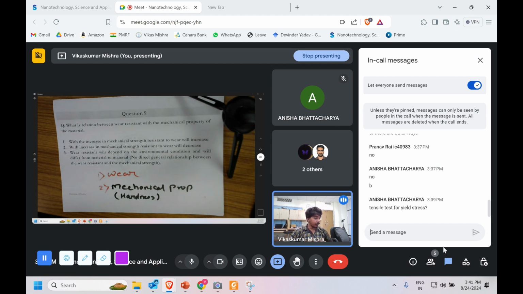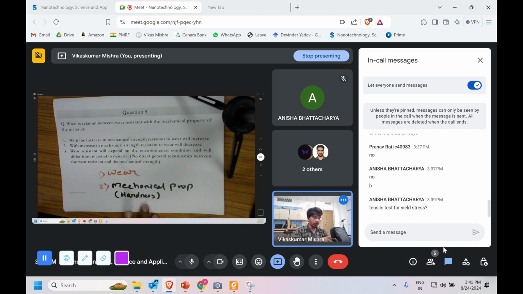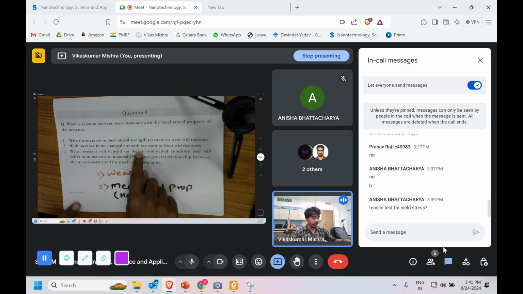So what will happen if I increase the hardness of the material? Will the wear resistance also increase? Option 1: with the increase in the mechanical strength, the wear resistance will also increase. Is it the case? Second: with the increase in the mechanical strength, resistance to the wear will decrease.